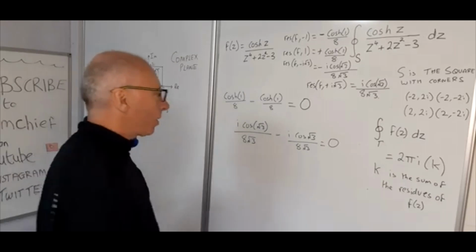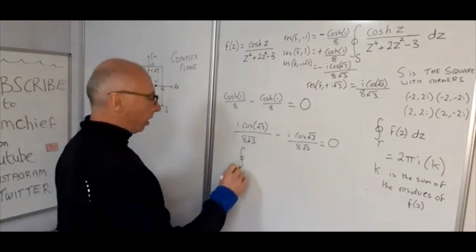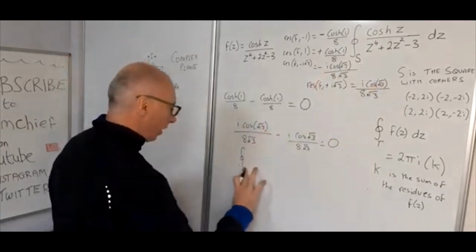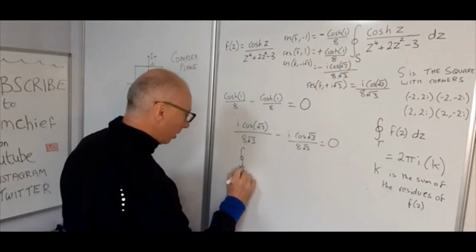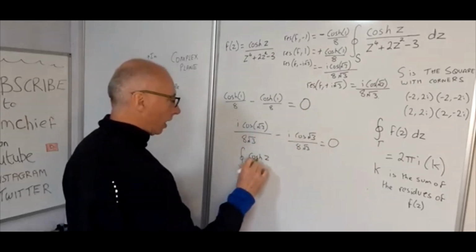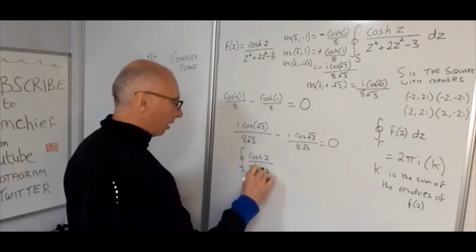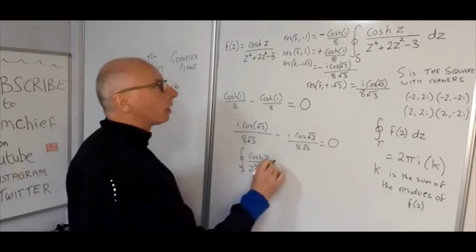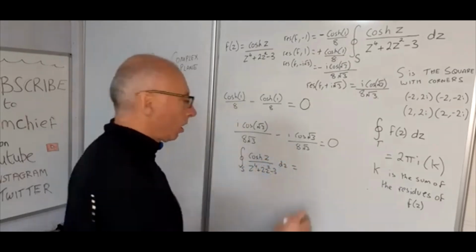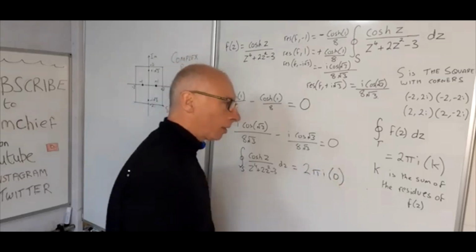So therefore what we can say is our integral over S, our square, of cosh of z over z to the 4 plus 2z squared minus 3 dz equals 2 pi i times 0.